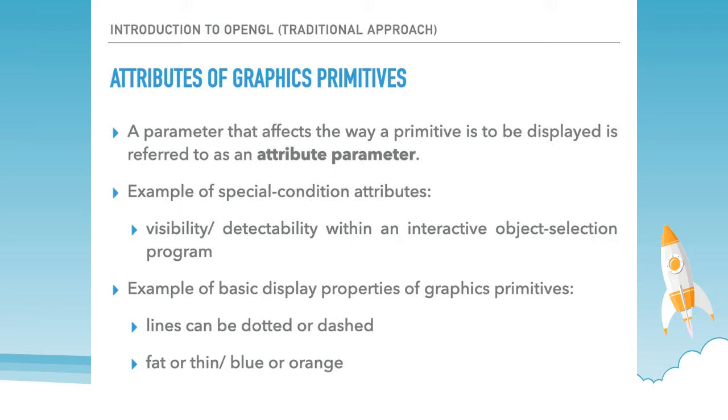Separate functions are then included in the graphics package for setting the current values in the attribute list. To generate a primitive, the system checks the relevant attributes and invokes the display routine for that primitive using the current attribute settings. Some graphics packages use a combination of methods for setting attribute values, and other libraries, including OpenGL, assign attributes using separate functions that update a system attribute list.